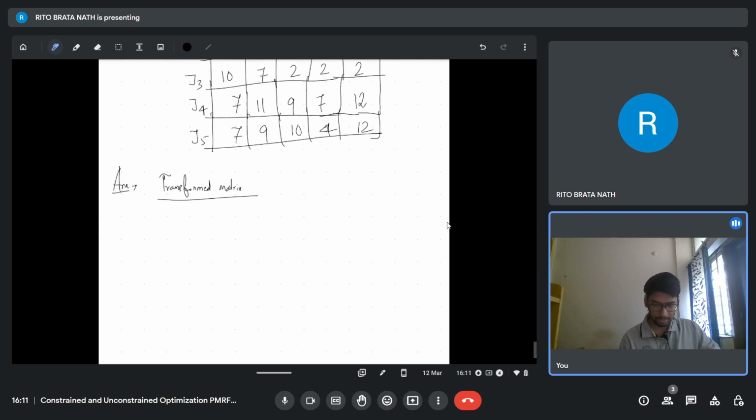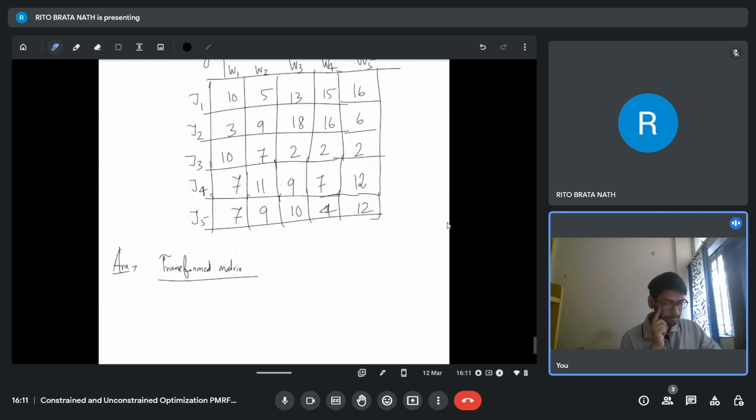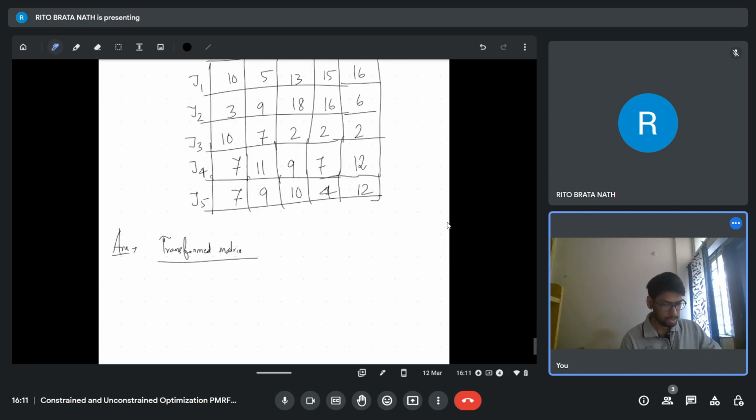So first you will take the rows, and the minimum at every row you will subtract from every element of that row.